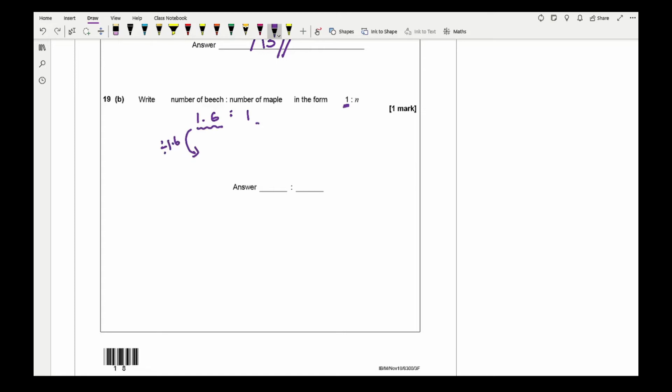If I do the same to both sides, I divide both sides by 1.6, I get 1.6 divided by 1.6, which is 1, and 1 divided by 1.6 on your calculator gives you an answer of 0.625. And there would be your final answer.